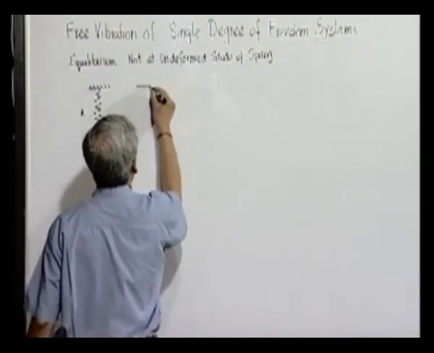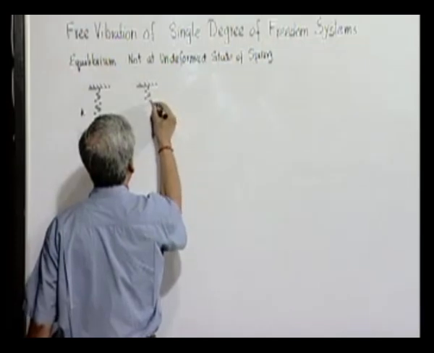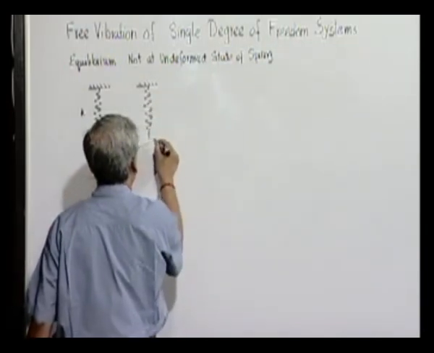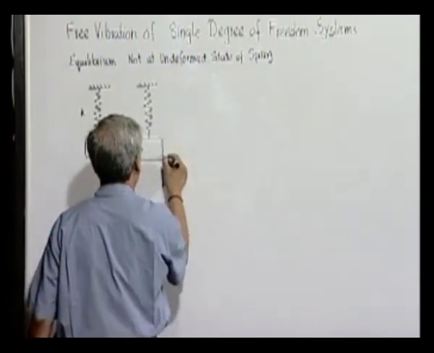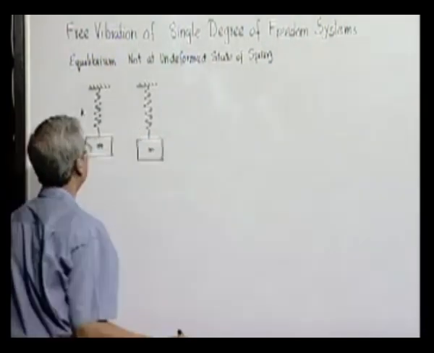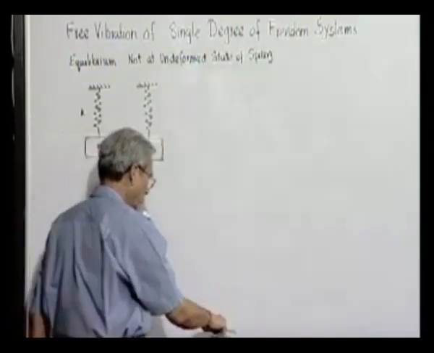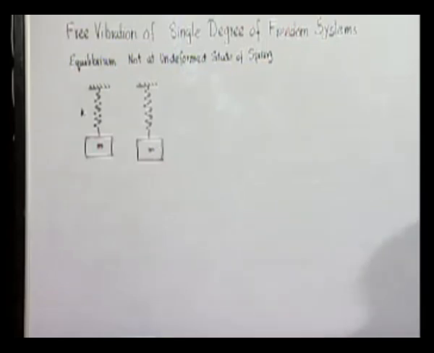The spring will stretch a little bit, and the mass will come here, because due to gravity there will be a force acting on the spring, and the spring will be stretched.